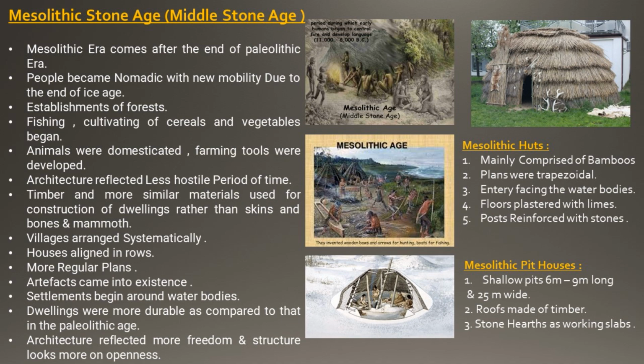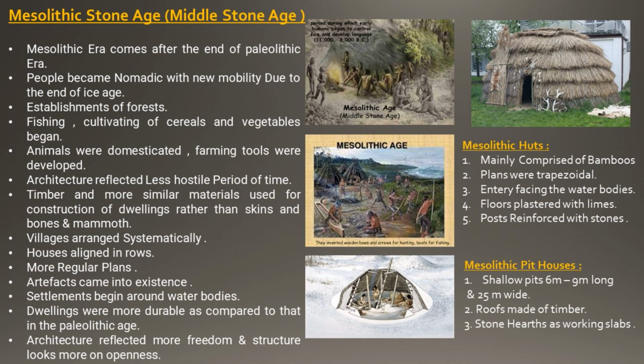Houses were aligned in a row, with more rectangular planning. Settlements began around water bodies. Houses were more durable compared to the Paleolithic era, as in this phase they used more stones and timber for construction.